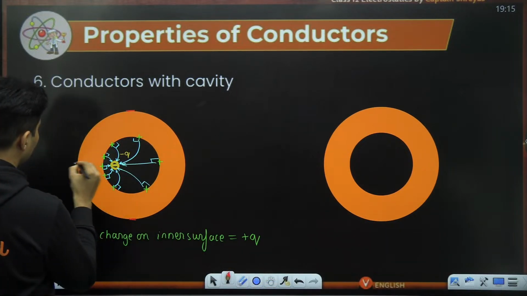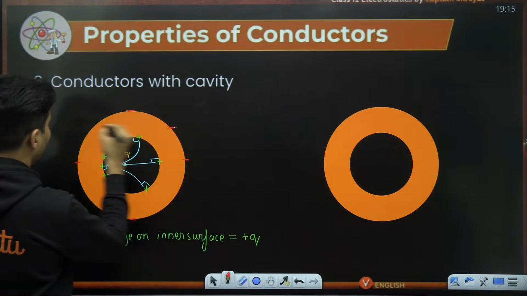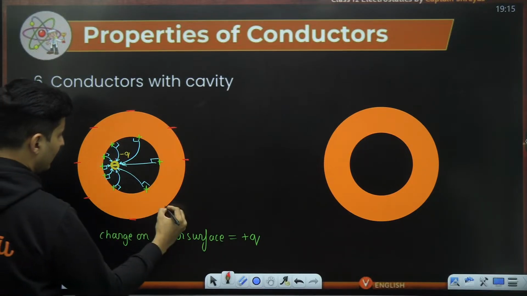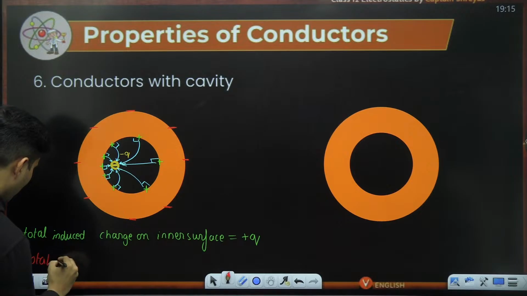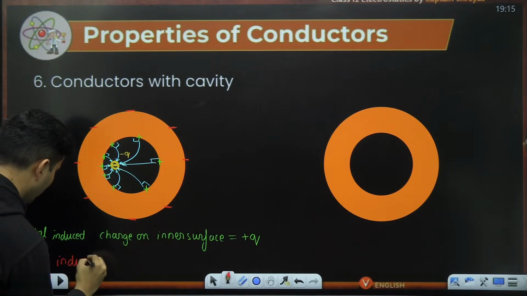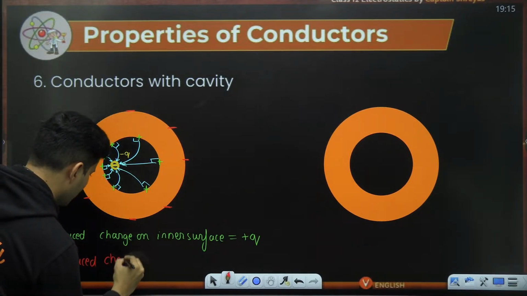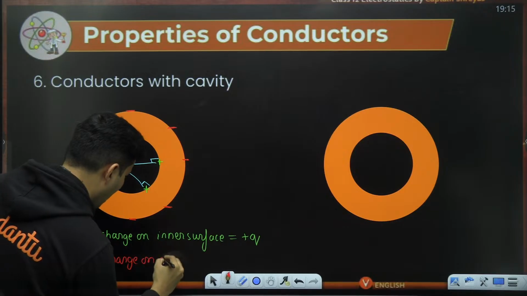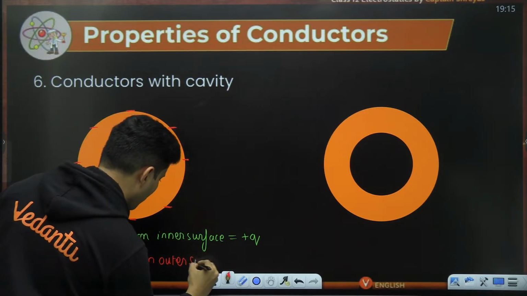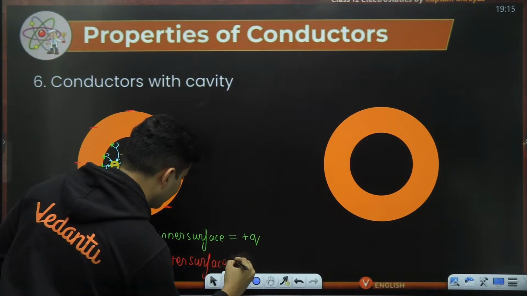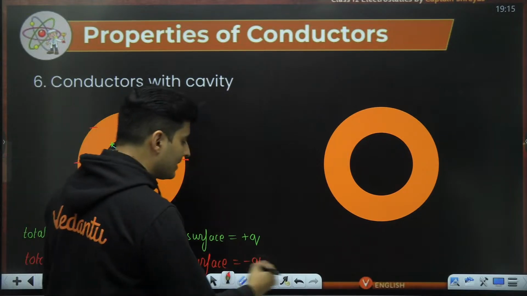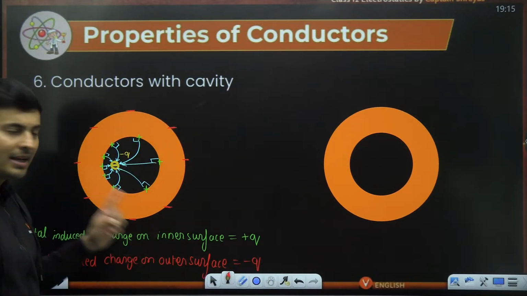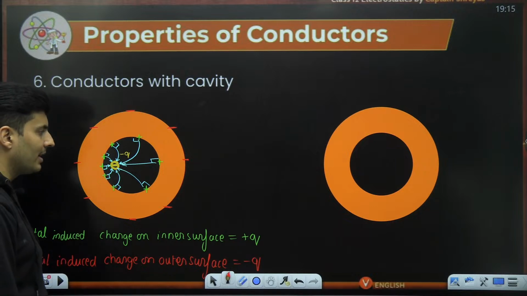So, the total induced charge on the outer surface will be exactly negative Q, but this is because of conservation of charge. By conservation of charge, very, very important.